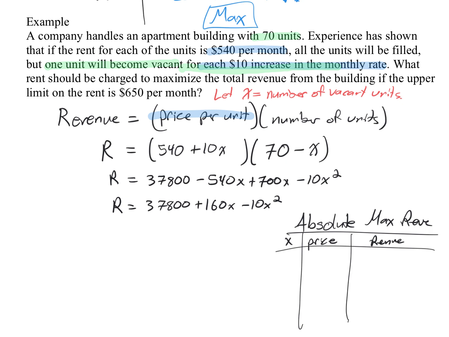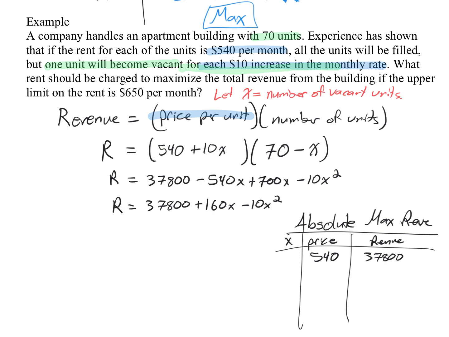So based on the conditions in the problem, we could charge $540 as our price. That's one option we have. That means no units will be vacant. If we decide to charge $540, then when we multiply these two numbers, we end up getting $37,800 as our revenue.